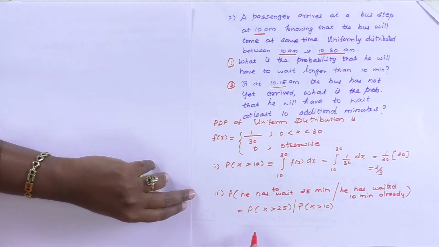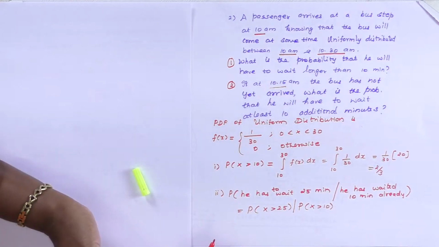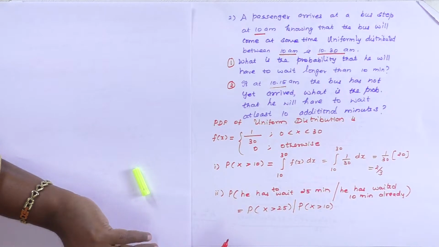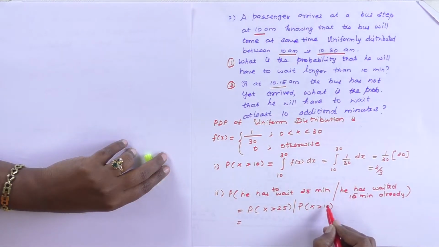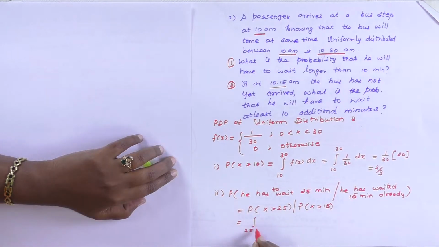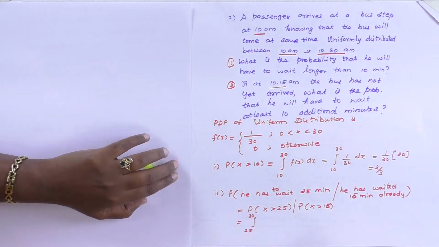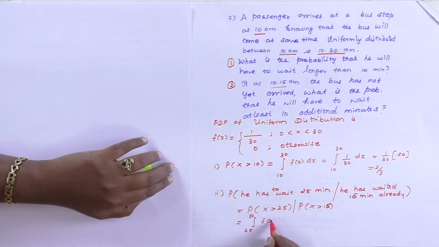Now, by using the uniform distribution concept here, the integral of f of x dx from 25 to 30, divided by the integral of f of x dx from 15 to 30.